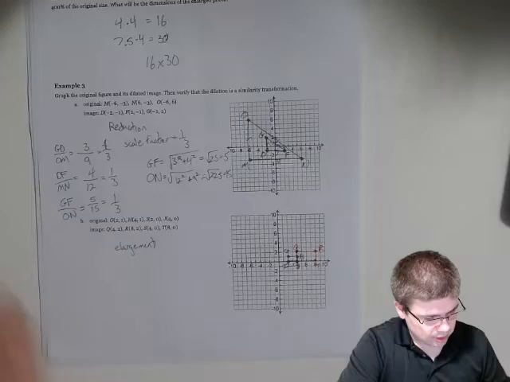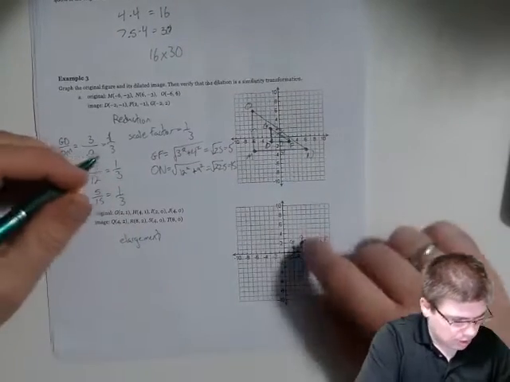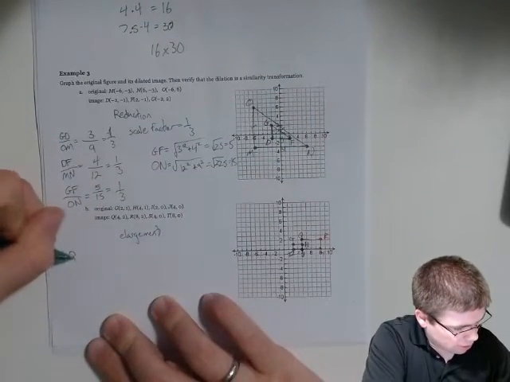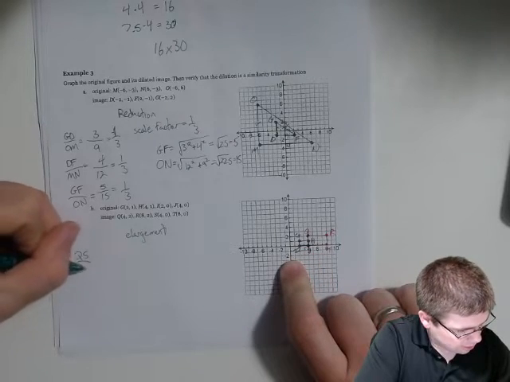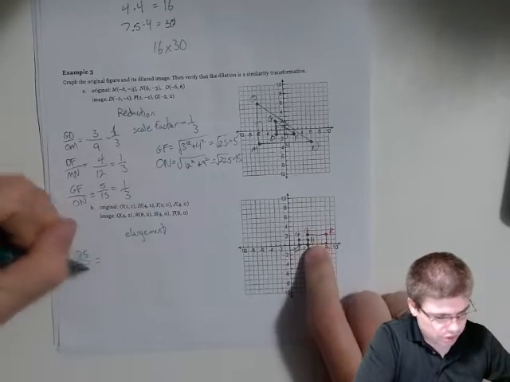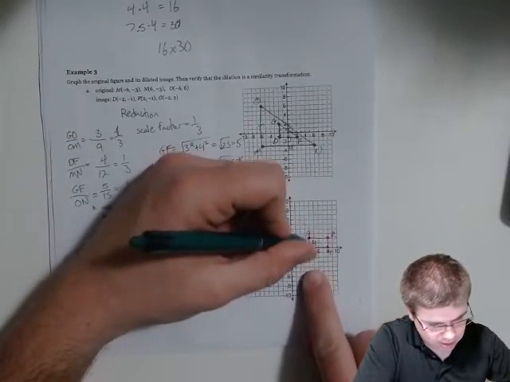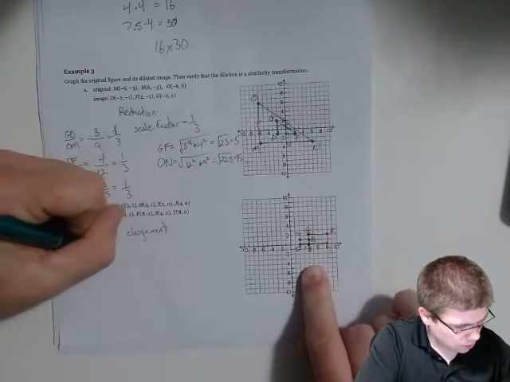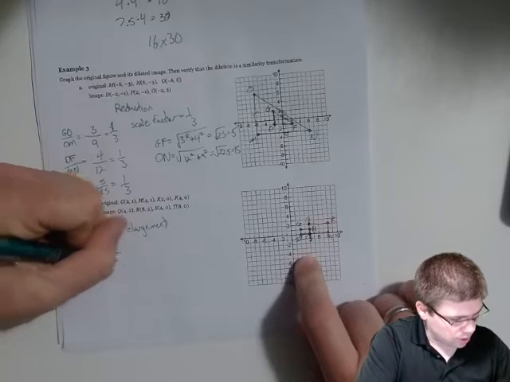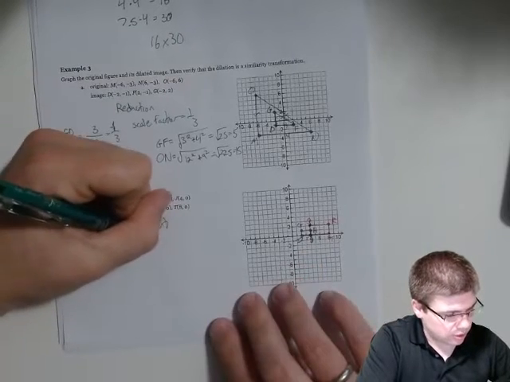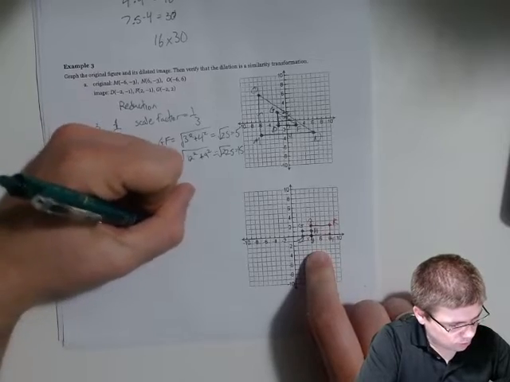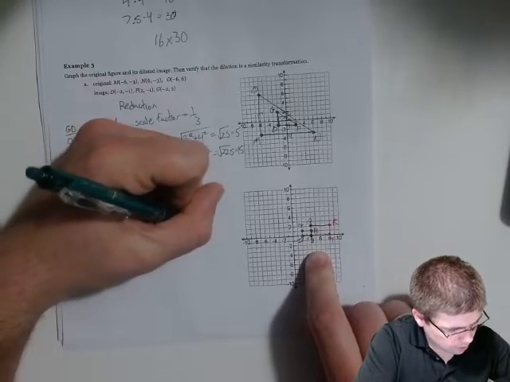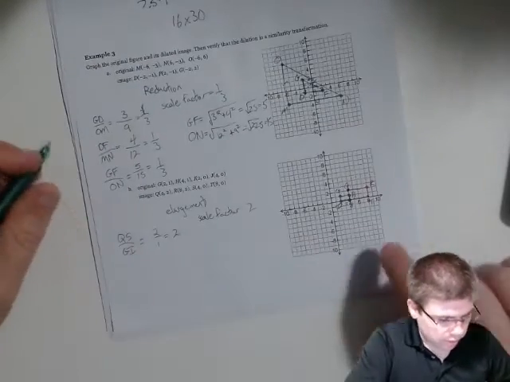And so we want to see what is happening here. Maybe I'll start on the left side and look at QS over GI. What is that ratio between those sides? That length, QS is 2 over GI is 1, is a 2. And so our scale factor here from the little one to the big one is 2. Let's verify that for all of our sides.